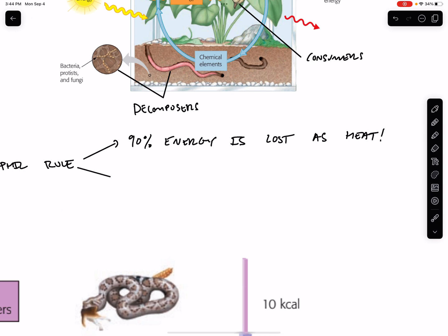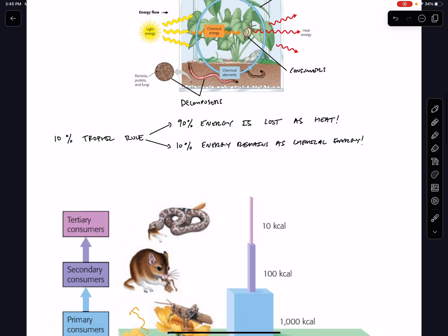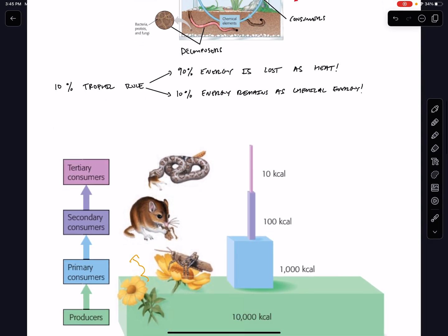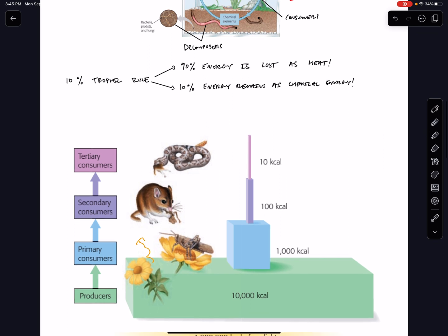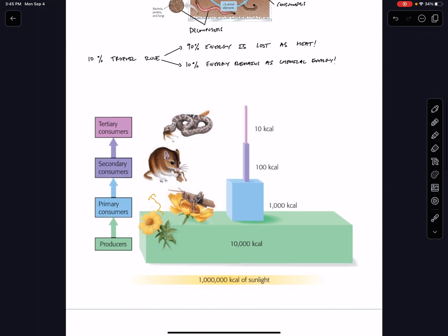And only 10% of the energy remains as chemical energy. And this constraint helps us understand a little bit more about the structure and size of any ecosystem.